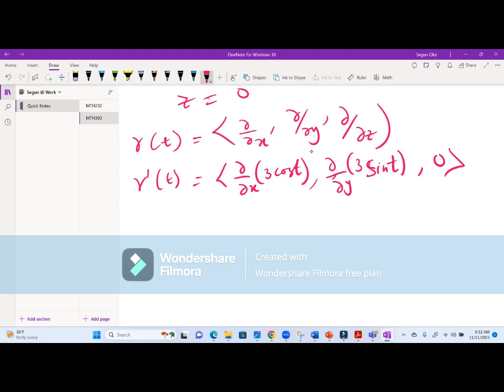So if you differentiate this, what do you have? You have minus 3 sin t, and 3 cos t, and this is 0. That's our solution for the differentiation.